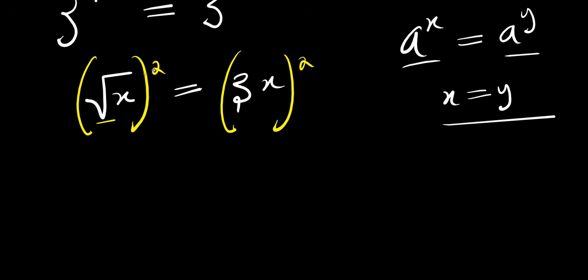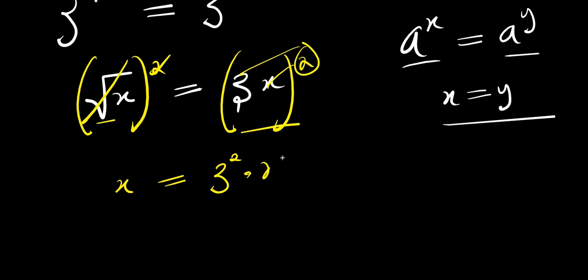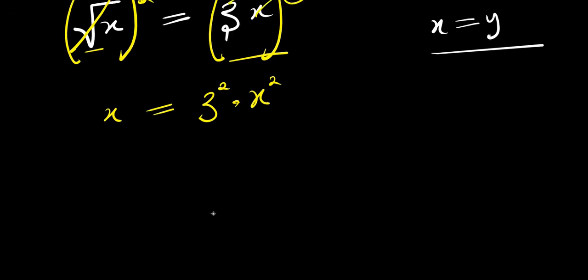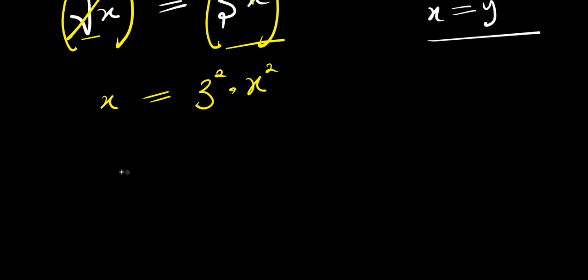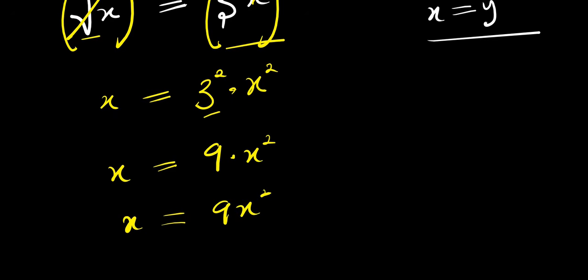So, square root of x raised to the power of 2, this cancels this. I have x equals, and I'm going to distribute the power to each of the terms here, so I have 3 power 2 times x power 2. From here, I have x equals 3 to the power of 2, which is 9, times x squared. So you have x equals 9x squared.